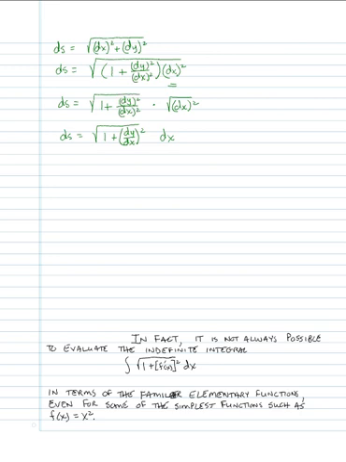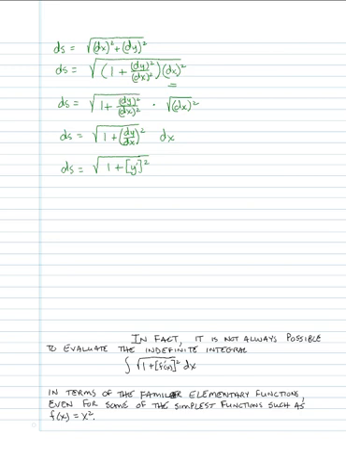Now, of course, we see that we're left with this situation that ds could be written as the square root of 1 plus, and dy over dx is nothing more than y prime, or the derivative of y with respect to x.